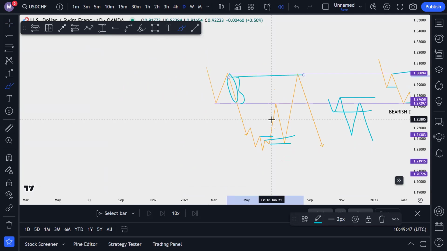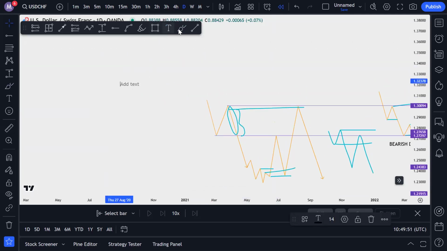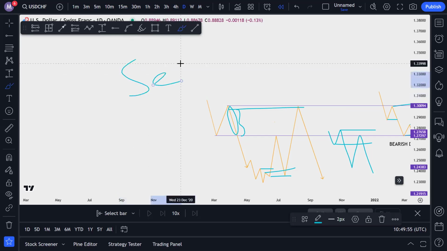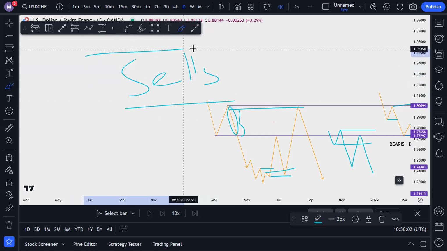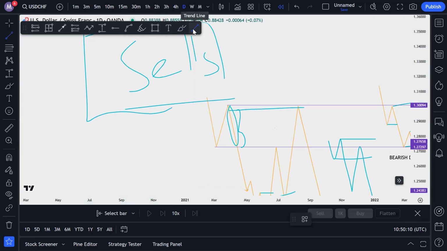Whenever we are seeing a bearish trend, our main aim is to sell the market. Definitely we can also take buys, but sometimes taking buys from these areas is a bit risky because we don't know when price is going to go back.